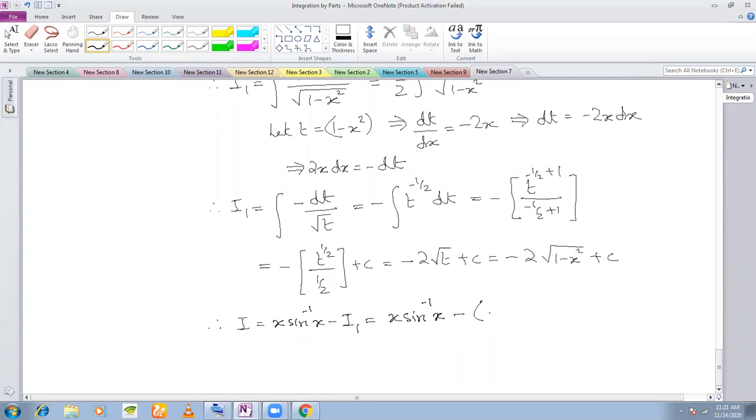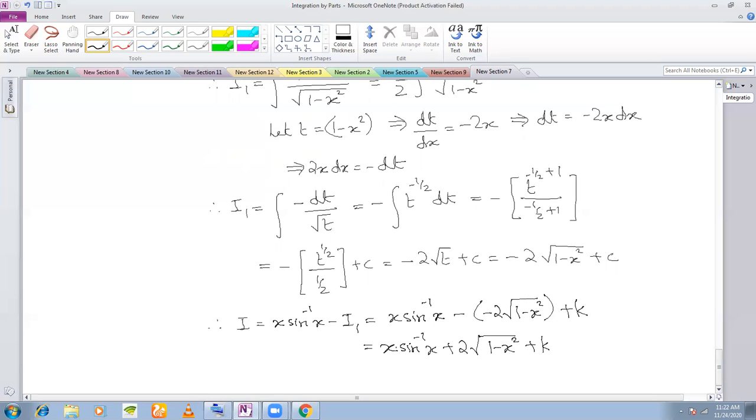I1 is minus 2 root 1 minus x square. And you can give another constant of integration. So this becomes x sin inverse x plus 2 root 1 minus x square plus k. That is your answer. That is how to evaluate the integral of sin inverse x.